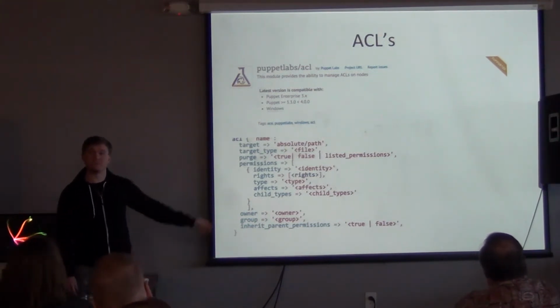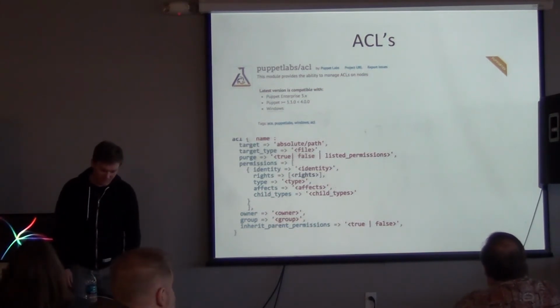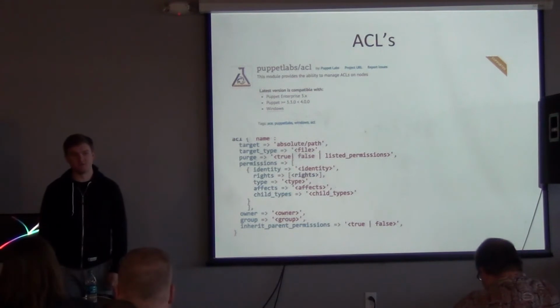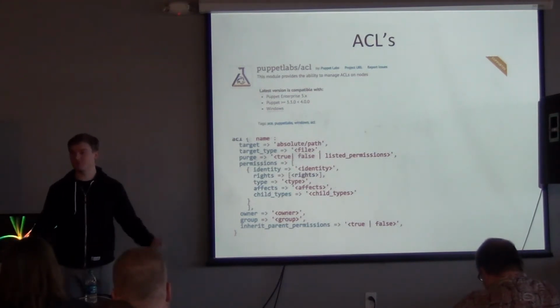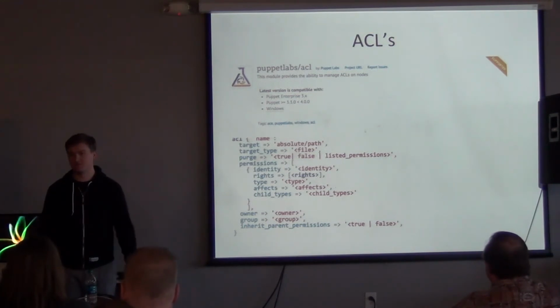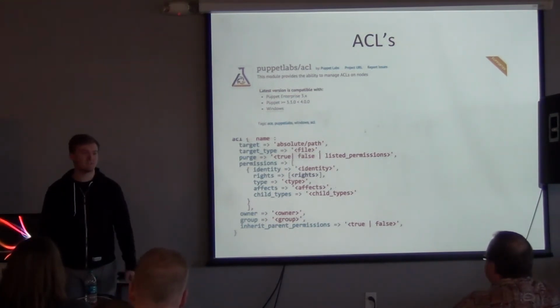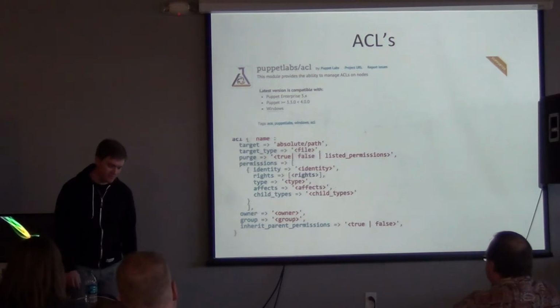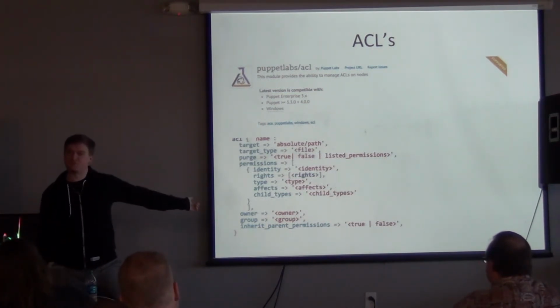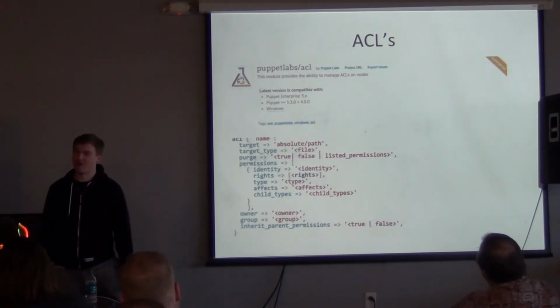One of the really cool things I've seen with this, especially recently, and all the Windows admins are probably going to relate: with Windows Server 2012, I absolutely hate how I have to mount the ISO to install any of the things, .NET and all that stuff. That's a huge pain. We have a new module we're going to release called Mount ISO, so you can start mounting Windows ISOs.